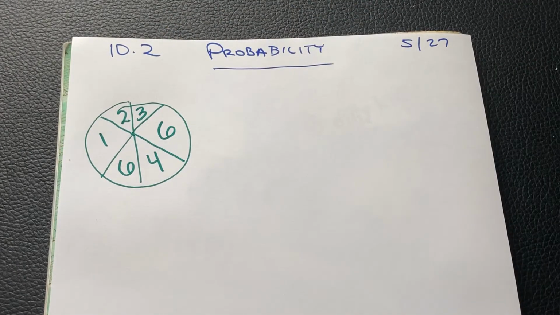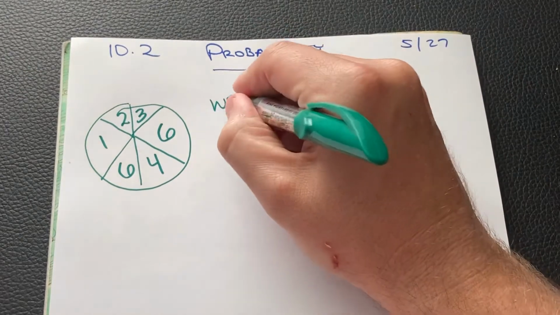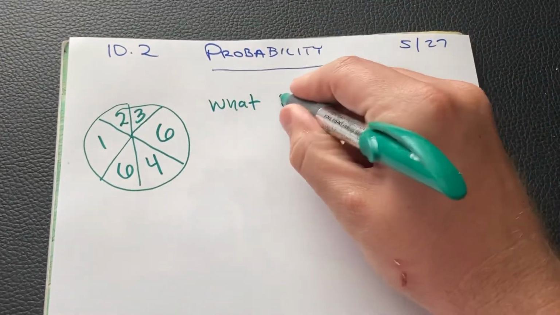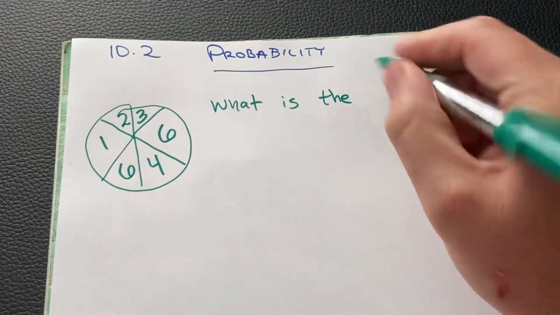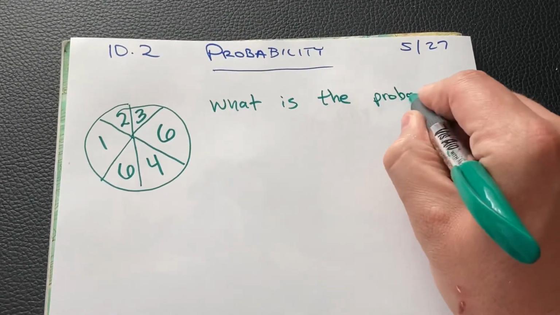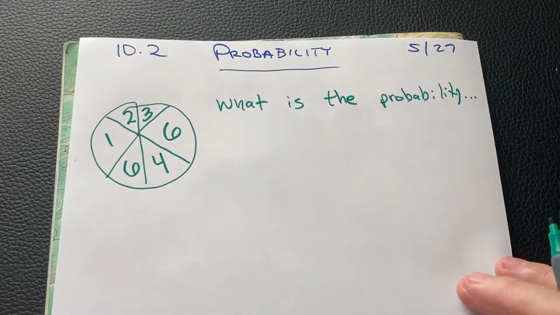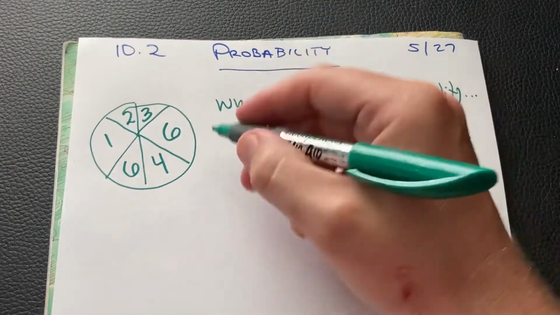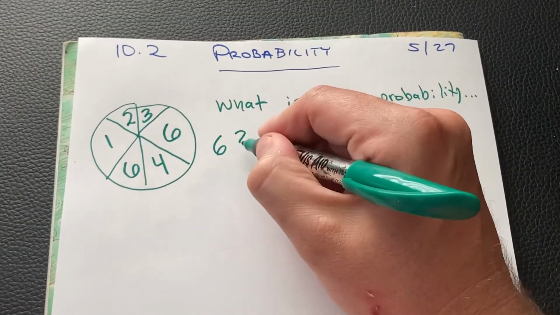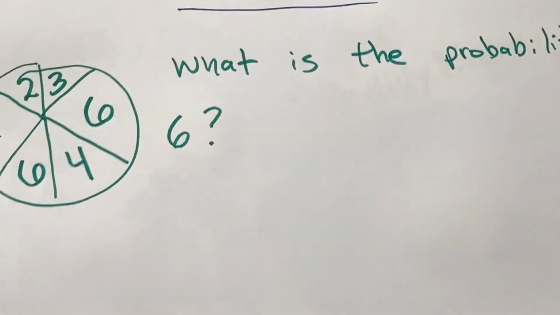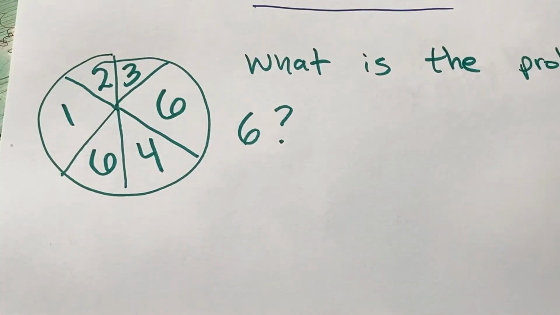Now it might ask you, what is the probability of spinning on a 6? Okay, let's start. It's going to be a fraction and a percentage, by the way.